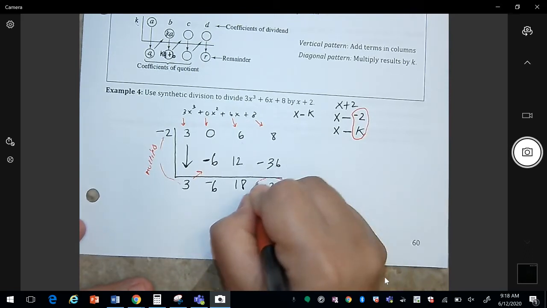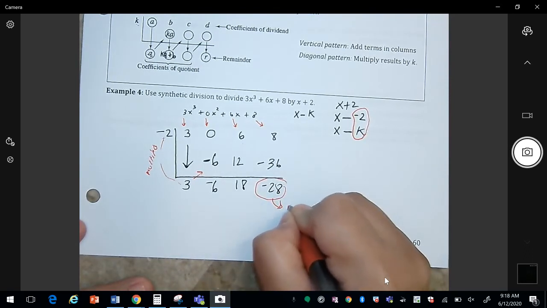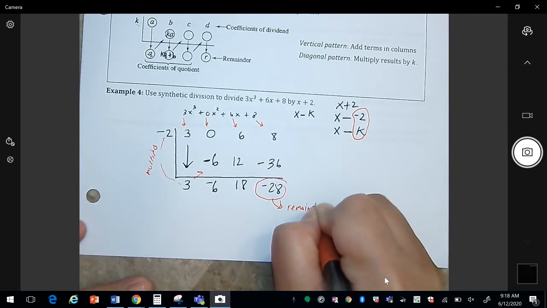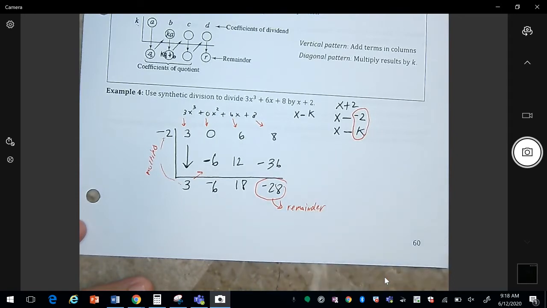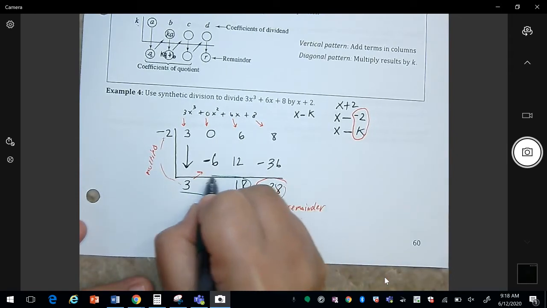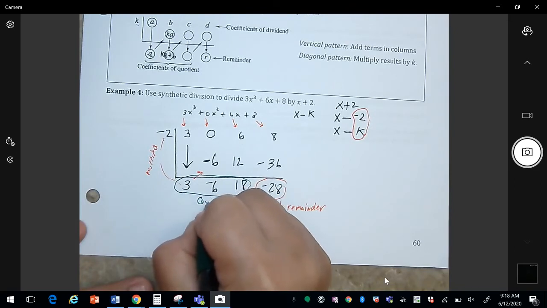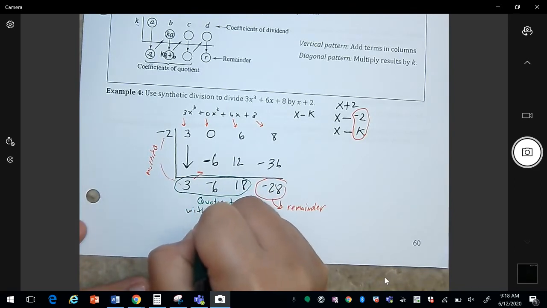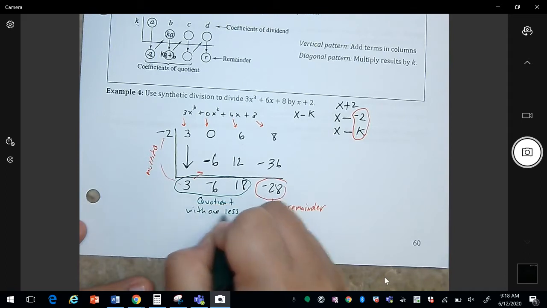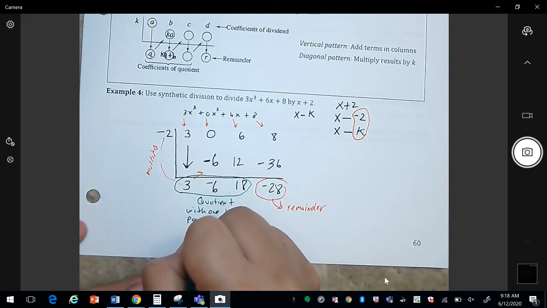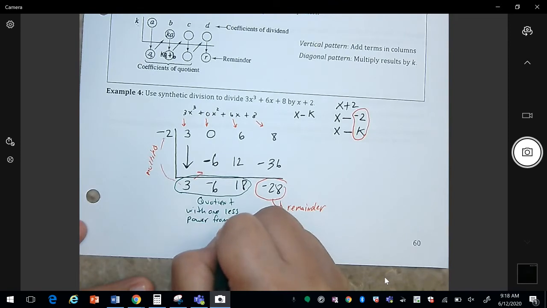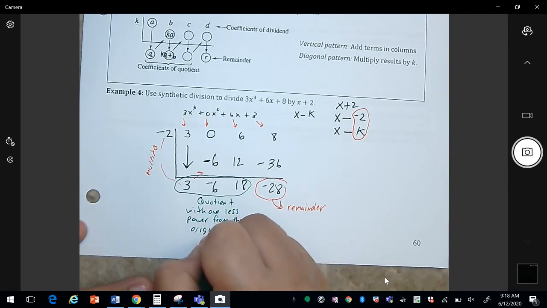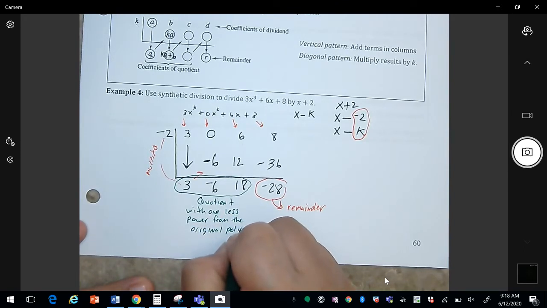The last number is what we call the remainder. The numbers before that make up our quotient, with 1 less power than the original polynomial.